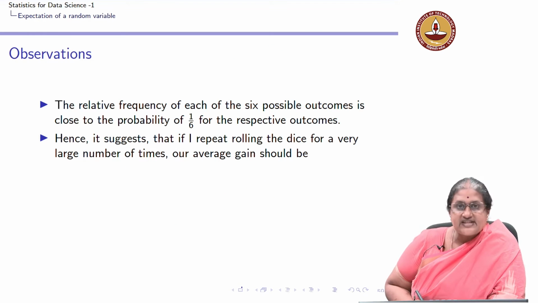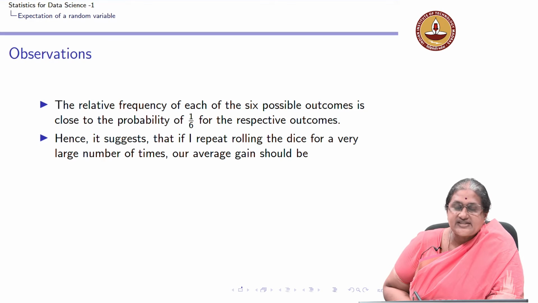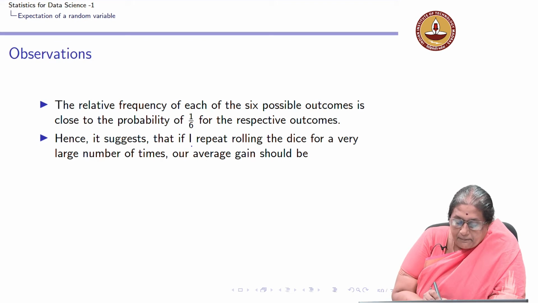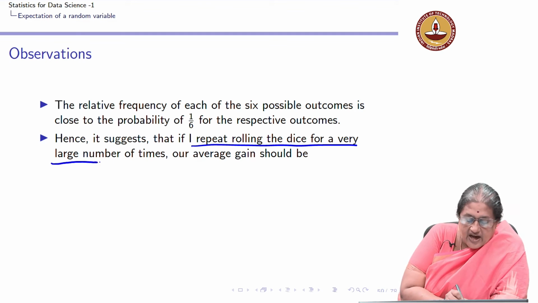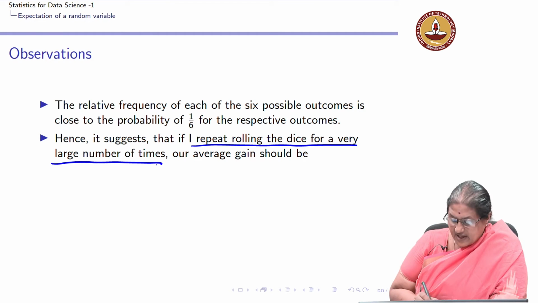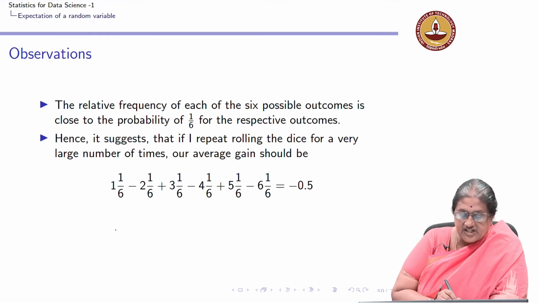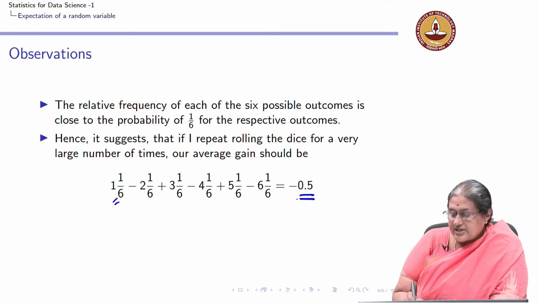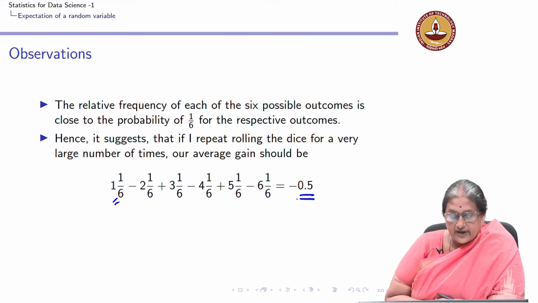What does it suggest? That if I repeat rolling the dice a very large number of times, then my average gain would be minus 0.5.